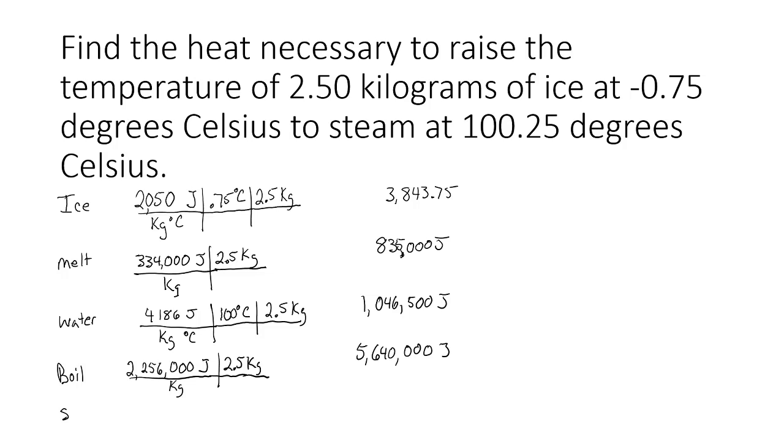And then we want to change the temperature of the steam. The specific heat of steam is 2,009 joules per kilogram, and we have 2.5 kilograms. So we'll multiply 2,009 times 2.5, times degrees Celsius.